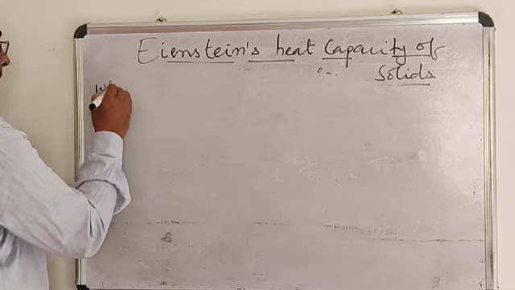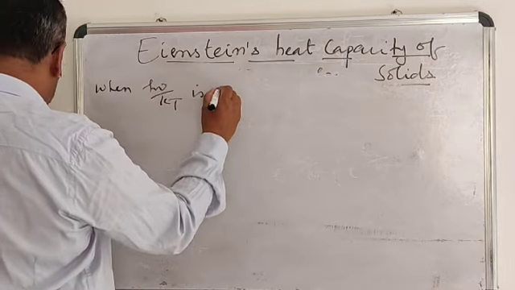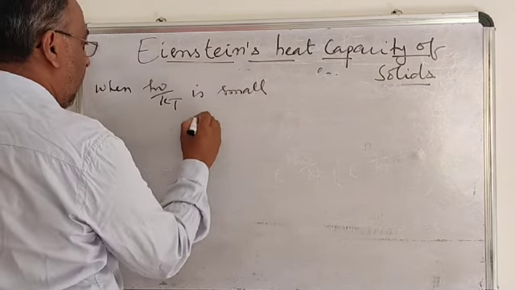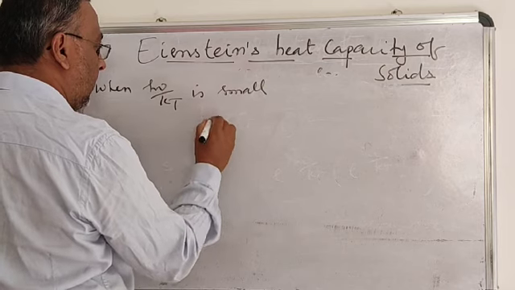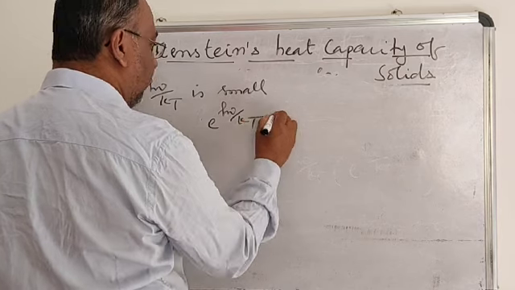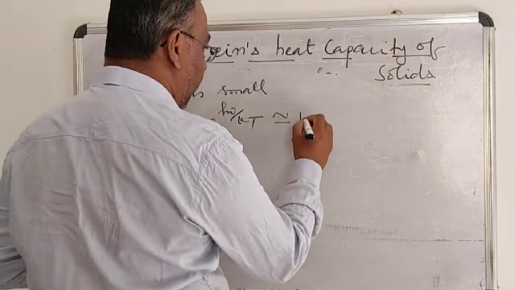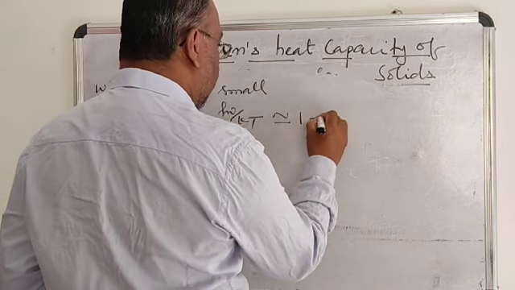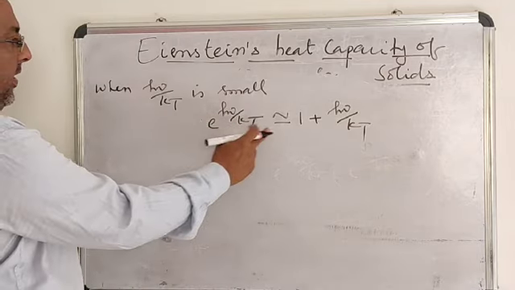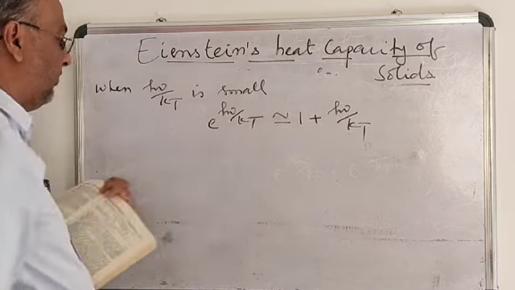When hν/kT is small, then e^(hν/kT) is approximately equal to 1 plus hν/kT, because hν/kT is very small.